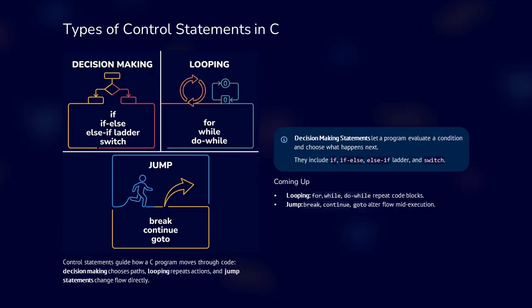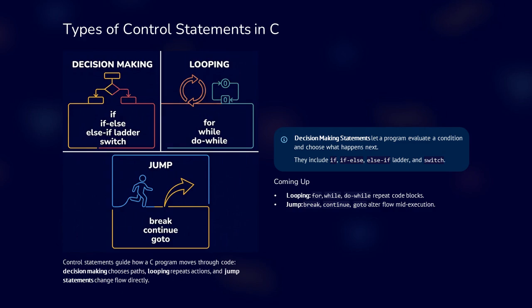Decision making statements let a program evaluate a condition and choose what happens next. They include if else, else if ladder and switch. Next are the looping statements, for, while and do while, to repeat code blocks.